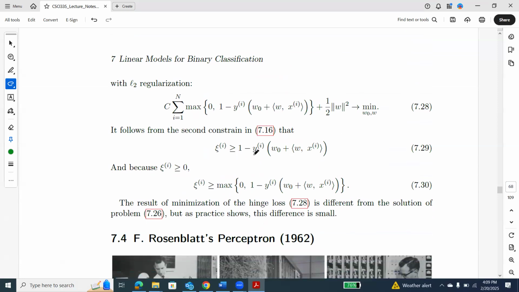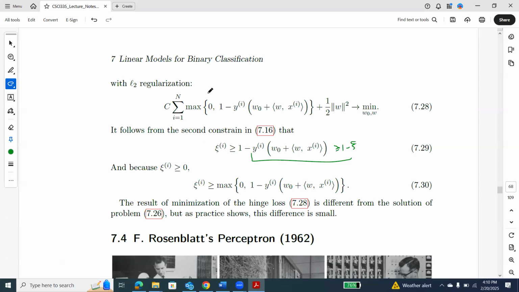So as you remember, we had the equation, this margin is greater than 1 minus xi. So we can rewrite this inequality as xi greater than 1 minus margin.